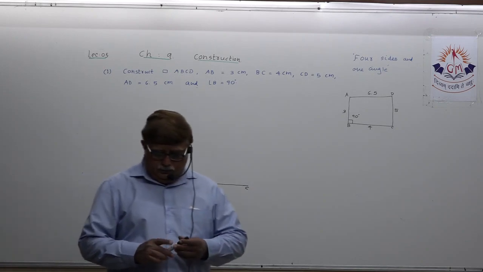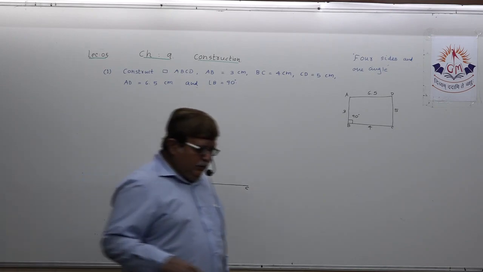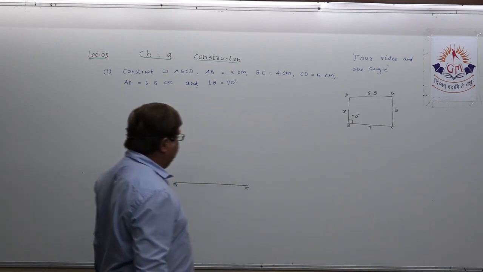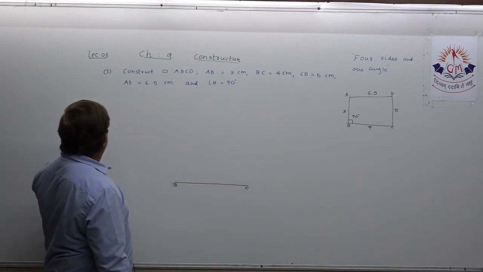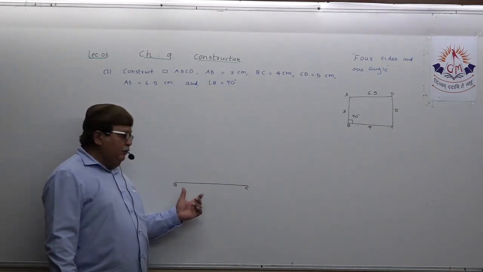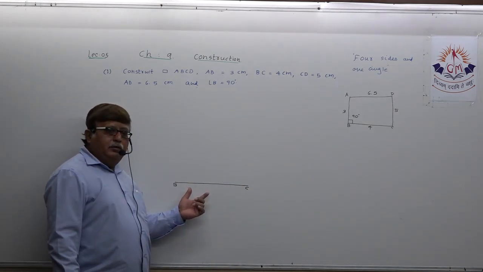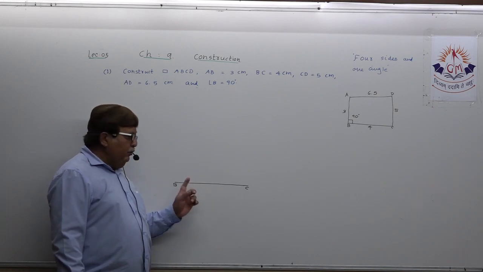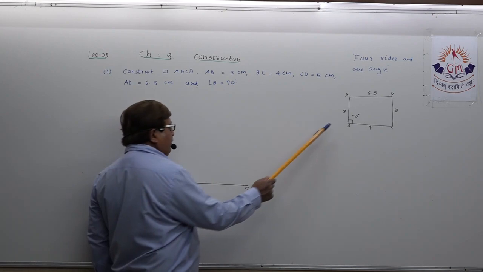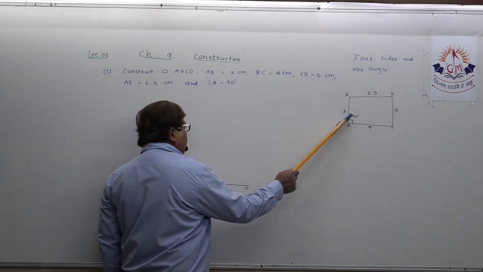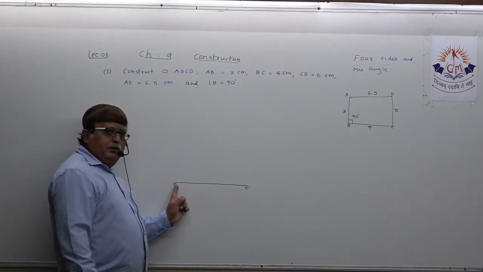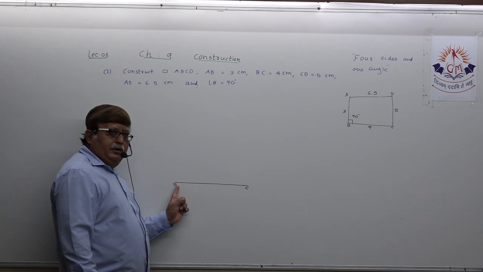Okay. Now dear student, a very important thing. After you must have constructed BC of 4 centimeter, now your target remains is this, to construct angle of 90 degree here.